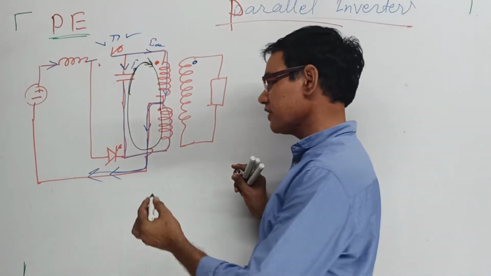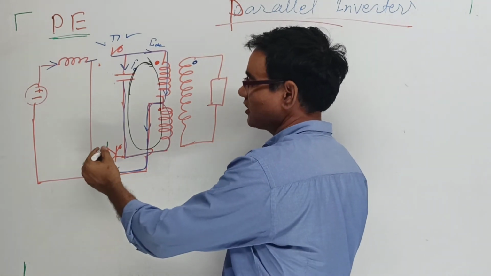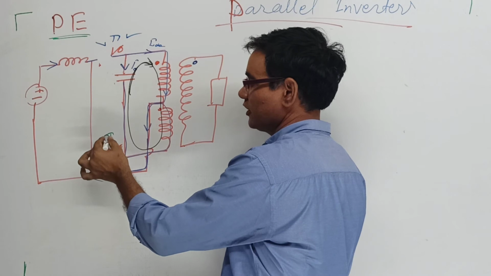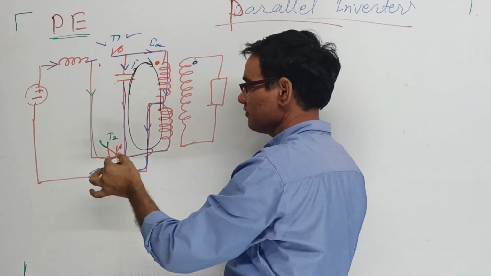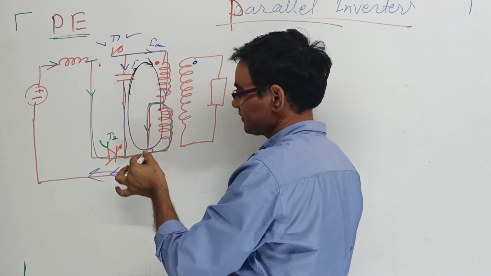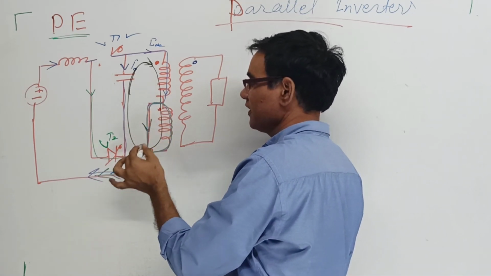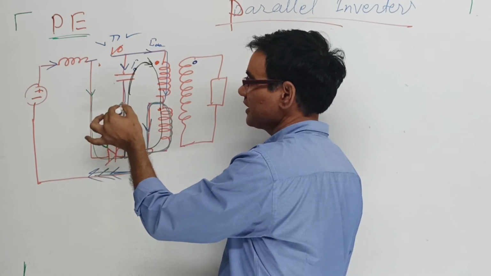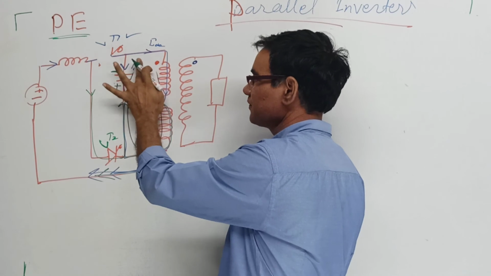Now this thyristor, T2, gets turned on. Then when it gets turned on, this is the flow of current like this. At the same time, this capacitor is getting charged like this. There is no current like this.